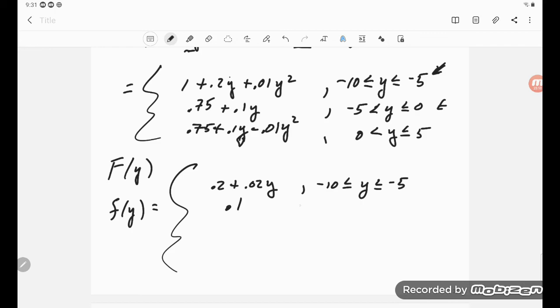I get 0.1, and that is -5 less than or equal to y less than or equal to 0. And I get 0.1 minus 0.02y, and that's 0 less than or equal to y less than or equal to 5. And that is what we got before with doing it with the change of variable. And so, both methods give the same answer.